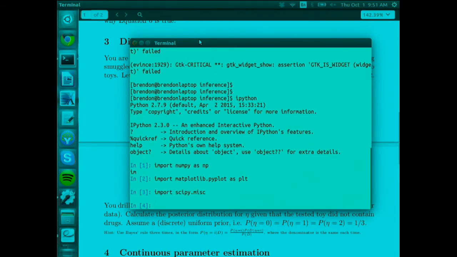I'll just do it in Python, make life a bit easier for doing the mathematics. Sorry? You want more time? Oh, we'll wait about another minute.